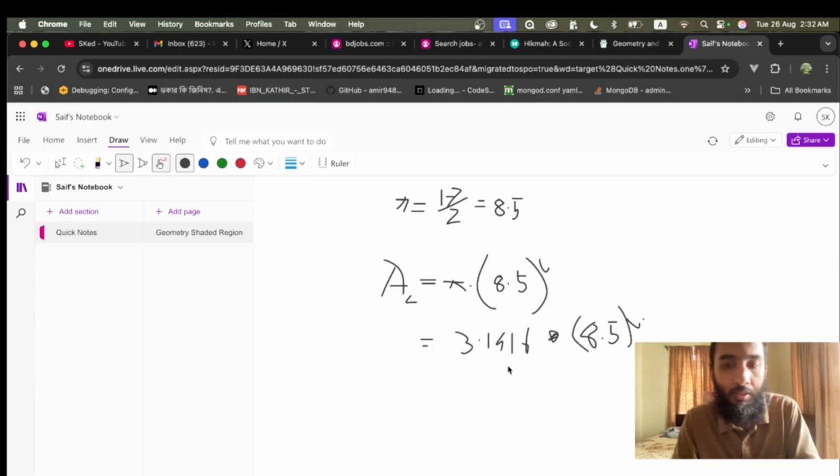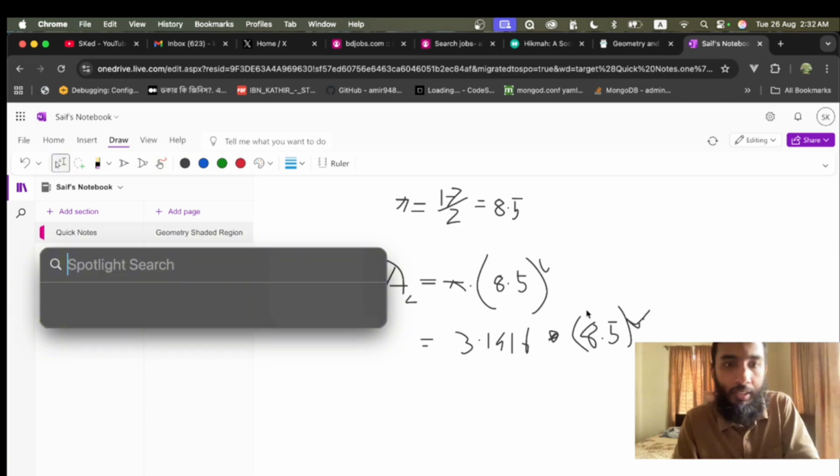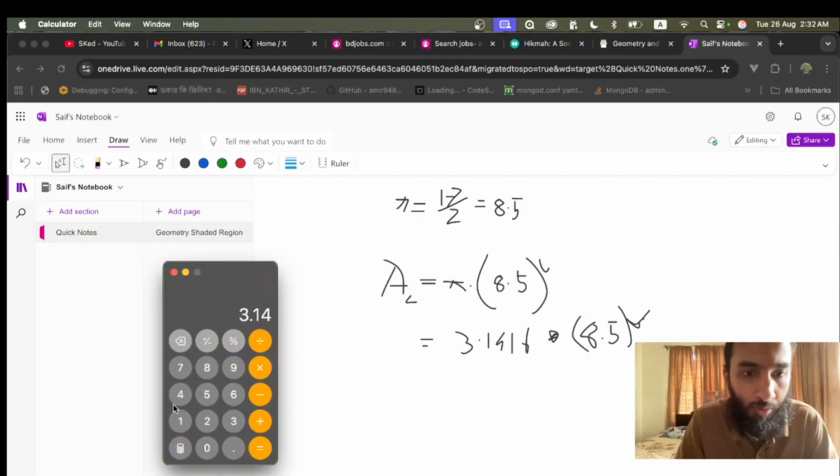If I just do the calculation, let's use the calculator and calculate the multiplication. 3.1416 multiplied by 8.5 multiplied by 8.5 is 226.9806.